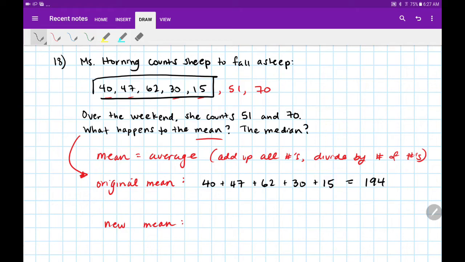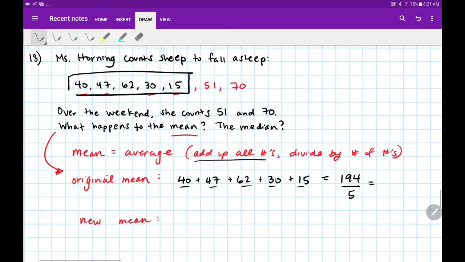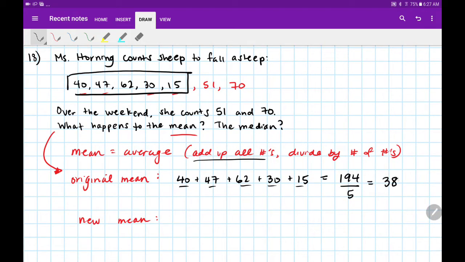Okay, so that's the total. But now we need to divide by how many we added. So we added together 1, 2, 3, 4, 5. So to find my mean, I will divide that number by 5. And 194 divided by 5 leaves me with 38.8. That's our original mean. On average, for the first 5 days, Miss Horning counted about 38.8 sheep per day.